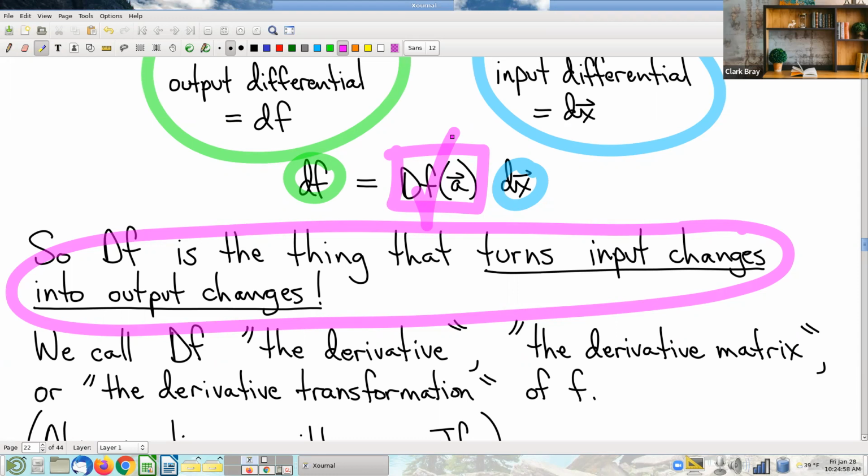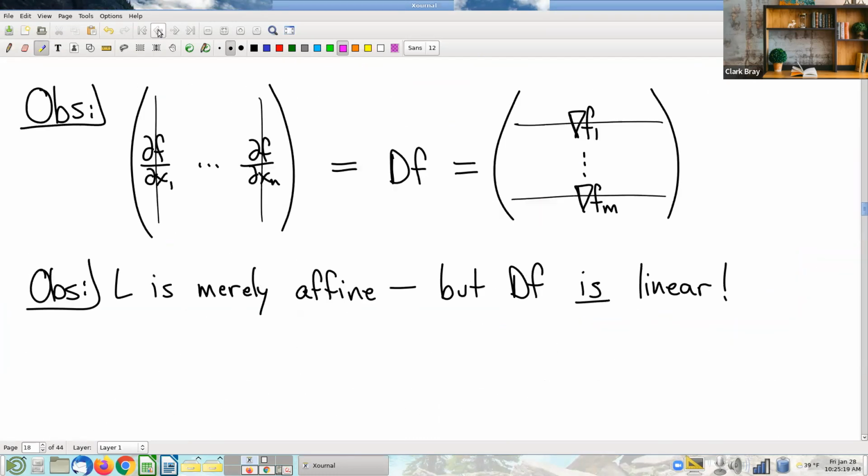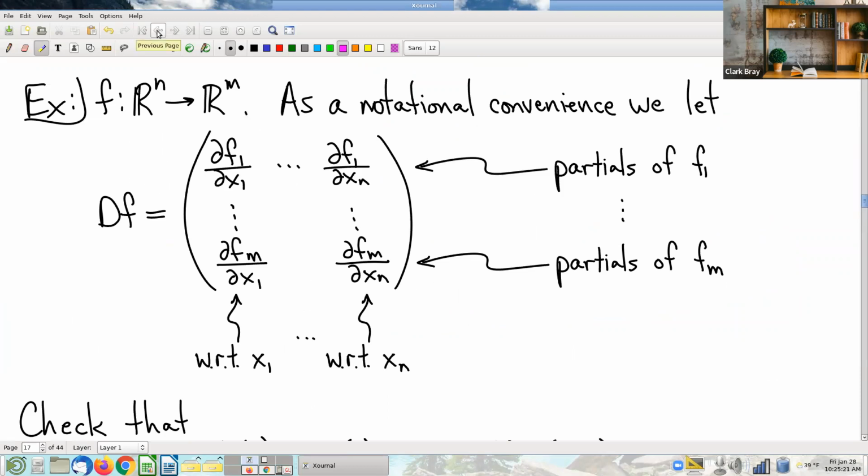Here we're making a more general statement though, because this dx could be any vector. It's not only if you're moving in a single direction. But yes, morally, same exact picture. So is DF like a matrix? No, it's this matrix, this matrix right here.